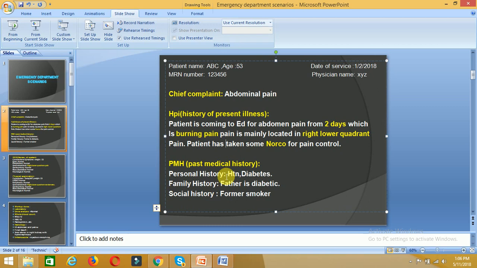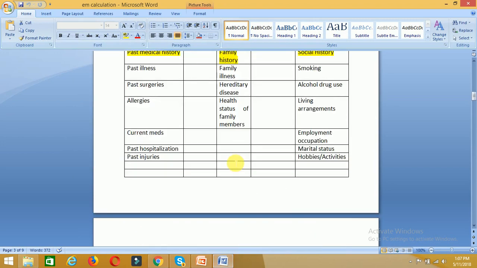Then coming to burning pain, what is the burning pain? That is the quality. Till now we got 3 elements: location, duration and quality. Next, the patient has taken some narco for pain control, so this will be the modifying factor. So I have got 4 elements, right?